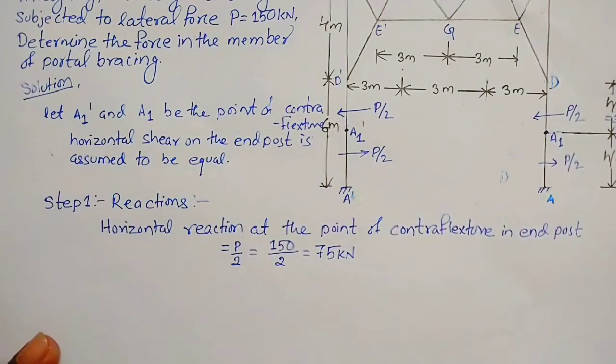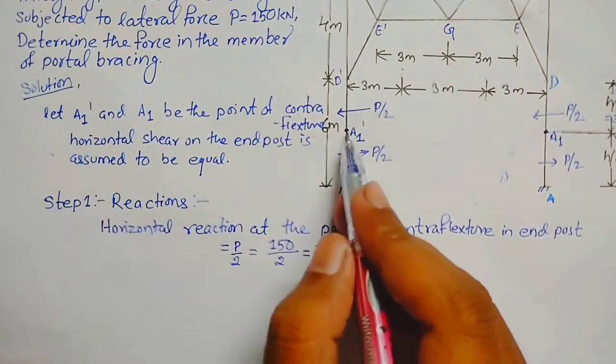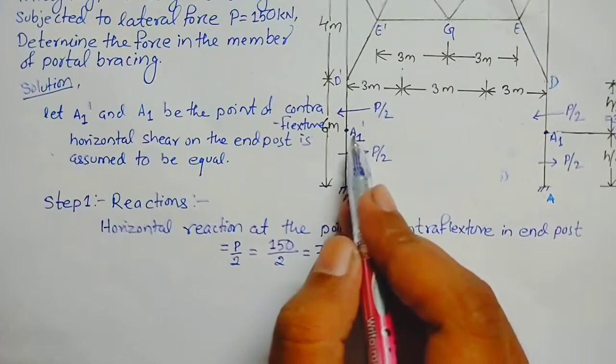Now we need to find the vertical reaction. So let us find the vertical reaction about A1 dash.